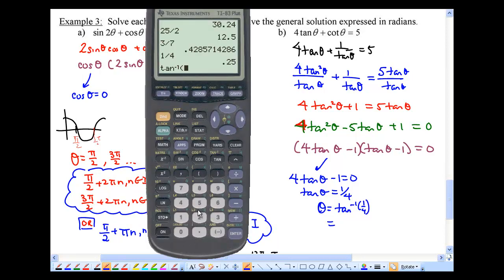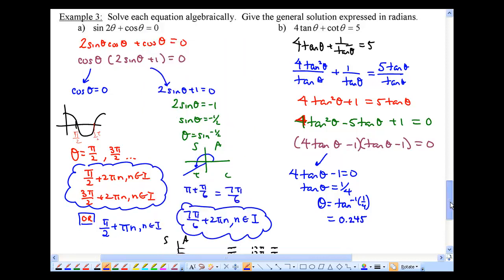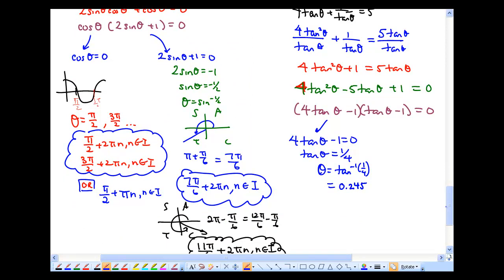Inverse tangent of 1/4 equals 0.2449. I'm just going to round this to 0.245. This is a positive angle in quadrant 1.